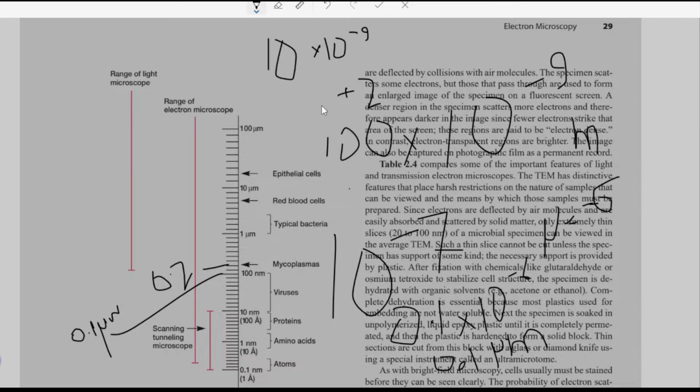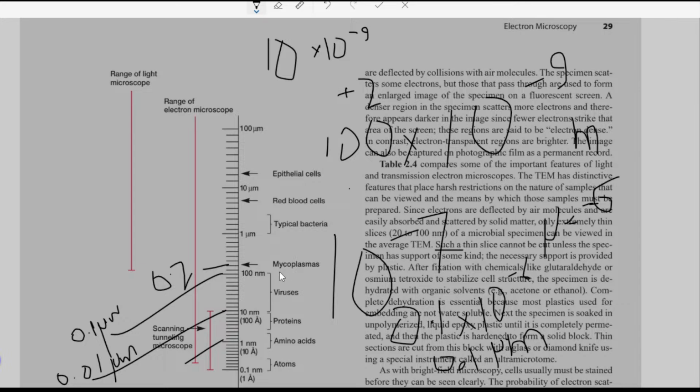Oh, okay, so we are going smaller. So this is 0.1, then this will be 0.01 micrometer. This is important. 1 nanometer means 1 nanometer. Okay, so we get it.